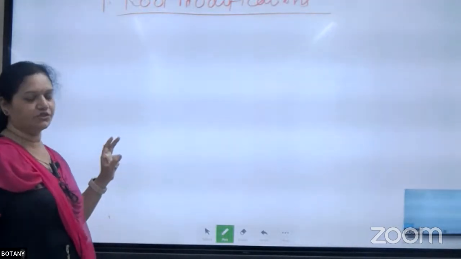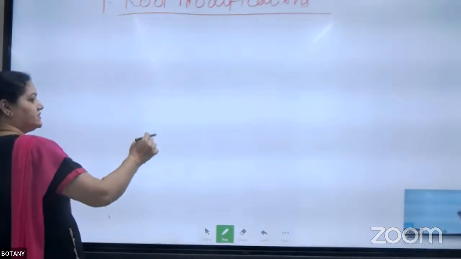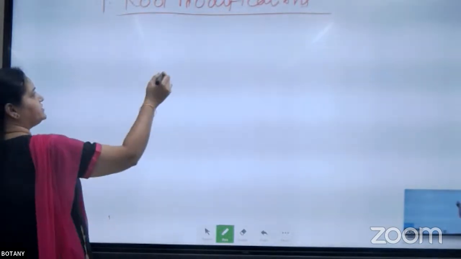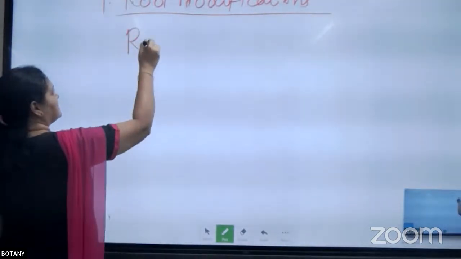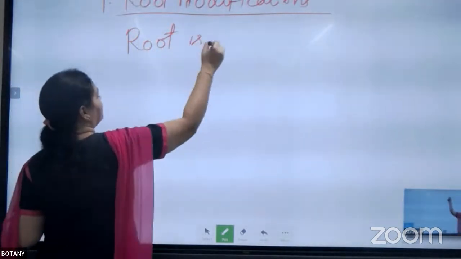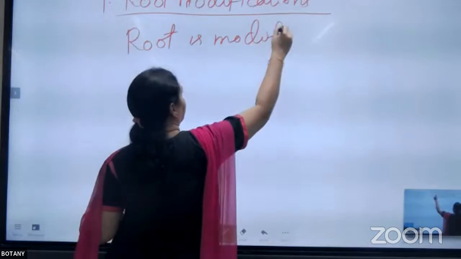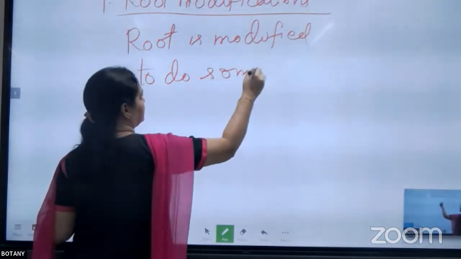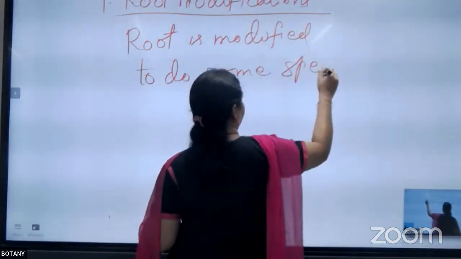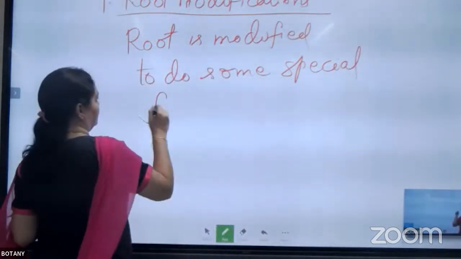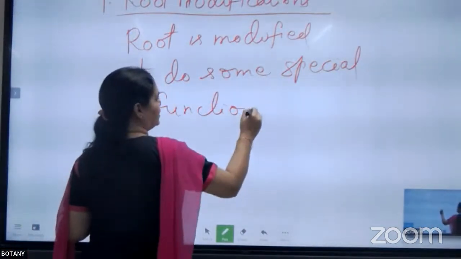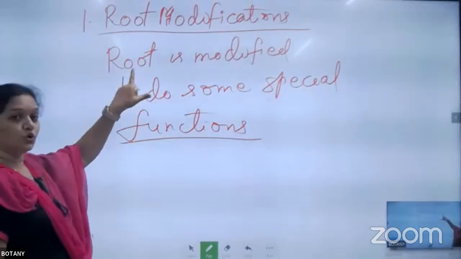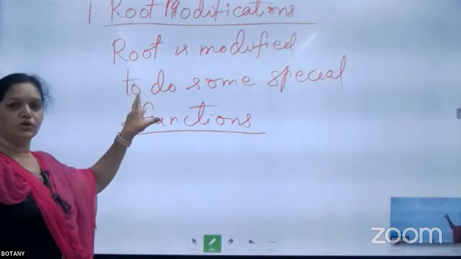In root modifications, we can say that when the root is modified to do some special functions, that is called root modification. When the root of a plant changes itself to do some special functions, it is called root modification.